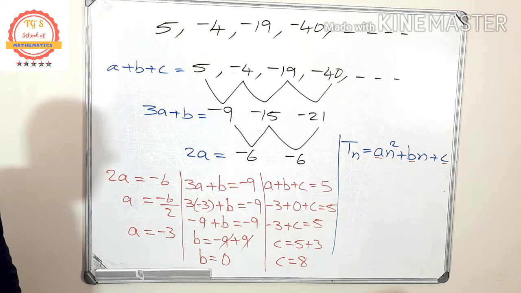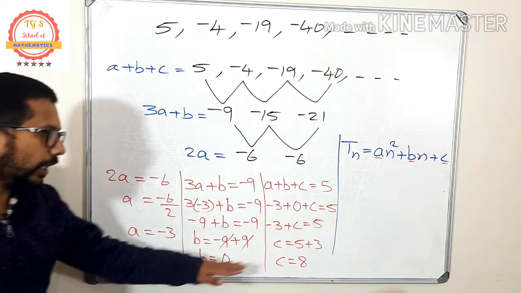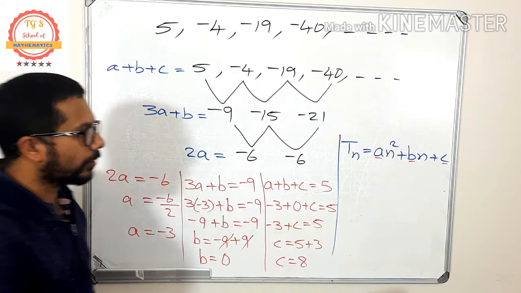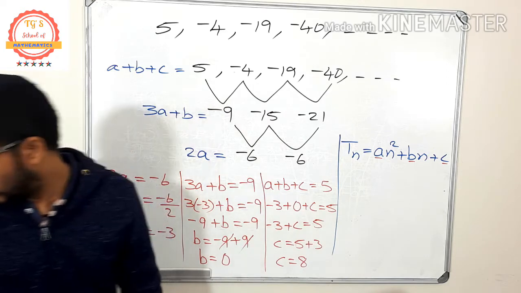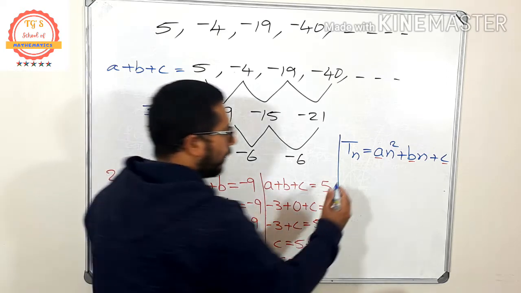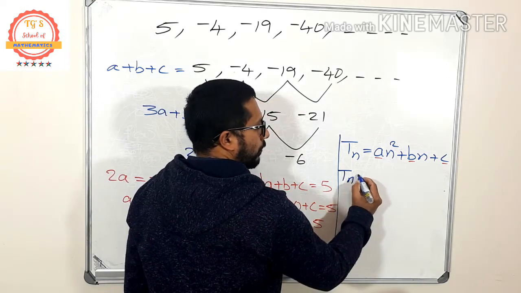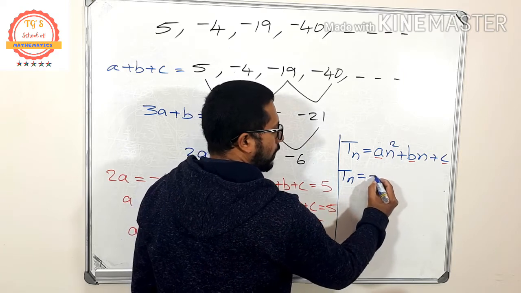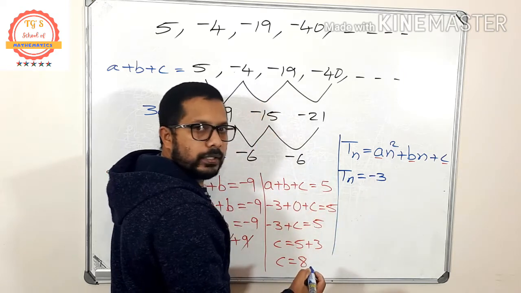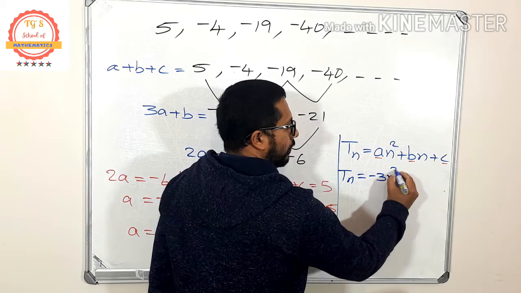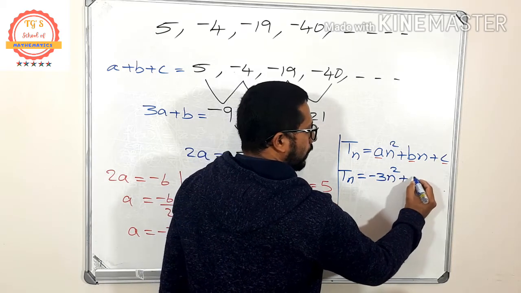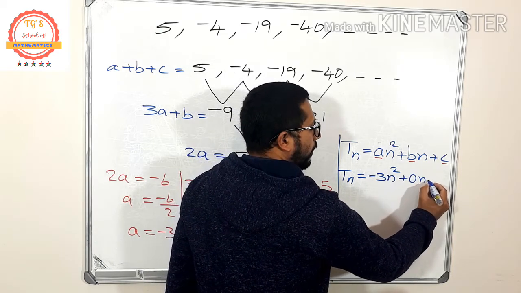So now we got the values for a, b and c. So substitute here. Tn is equal to, now what is Tn? Tn is equal to an square. What is our a? Minus 3 n square. Then what is b? 0n.